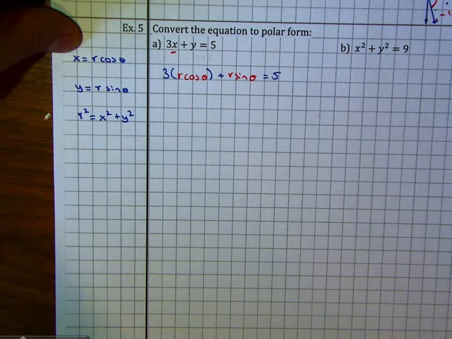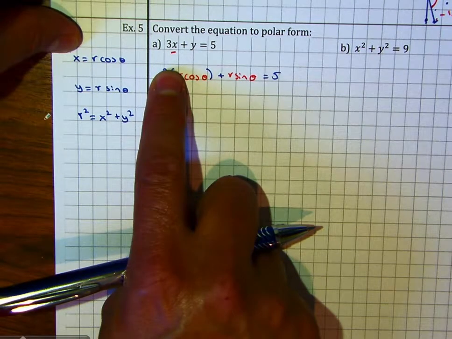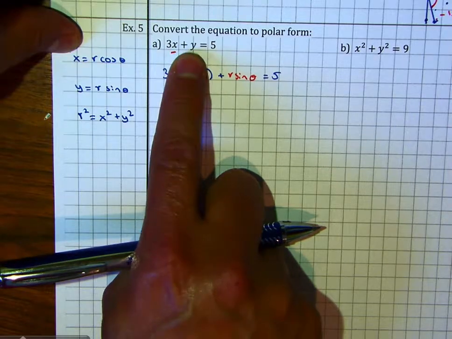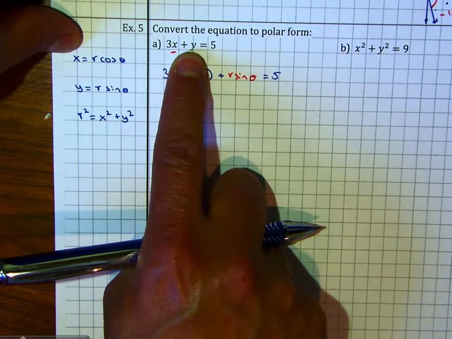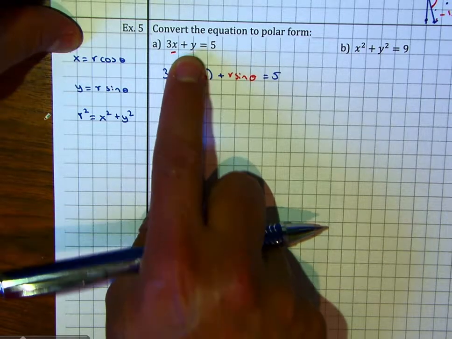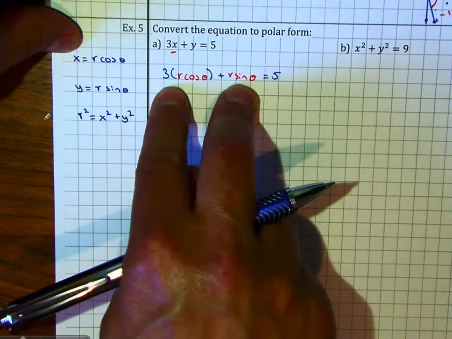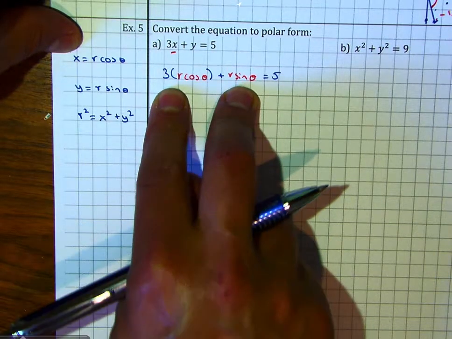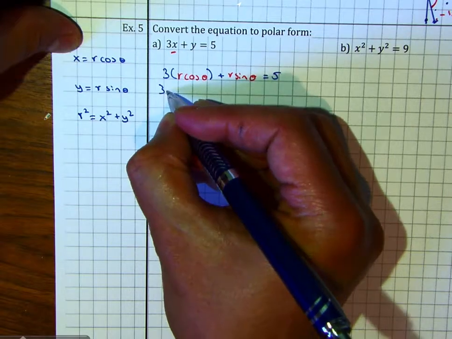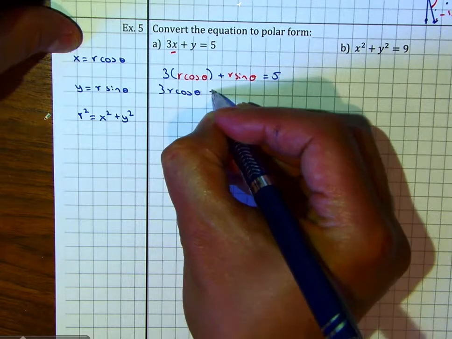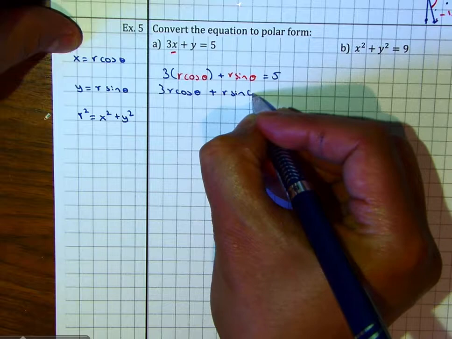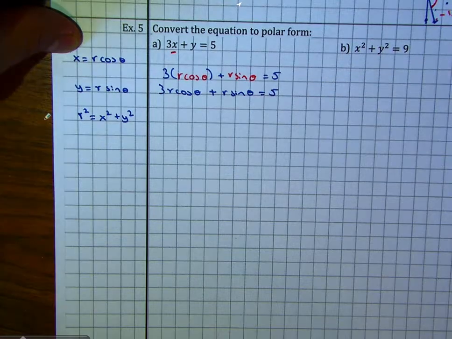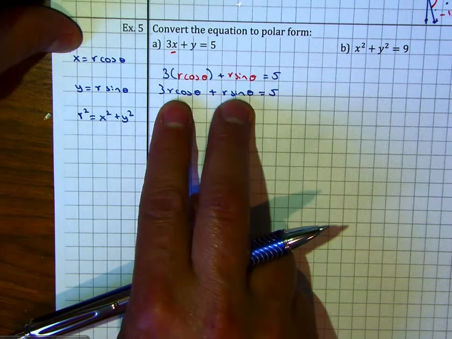Now the challenge will be that whenever we graph it, we usually have y equals; in this case, I need to solve for r. So let me go and simplify this. 3r cosine of theta plus r sine of theta equals 5. I need to find a way to leave the r by itself.